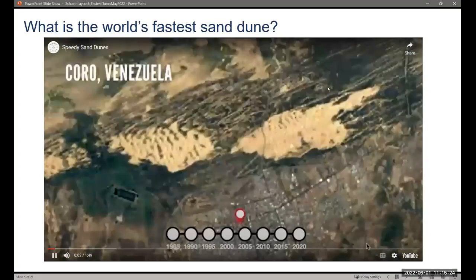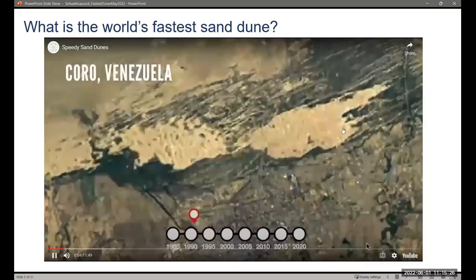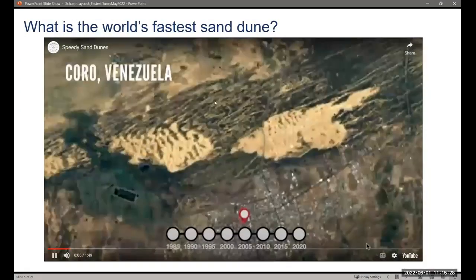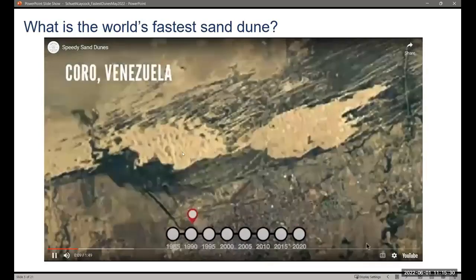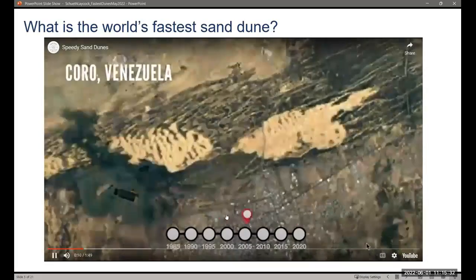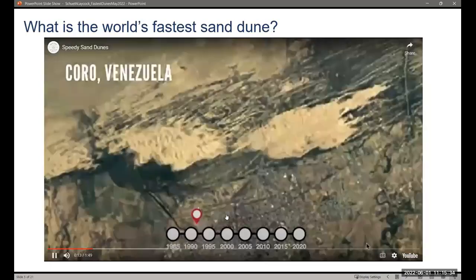And what you're seeing is that just by looking at historical satellite images in Google Earth, you can clearly tell how dunes are migrating, what direction they're migrating in, as well as the speed at which they are going.